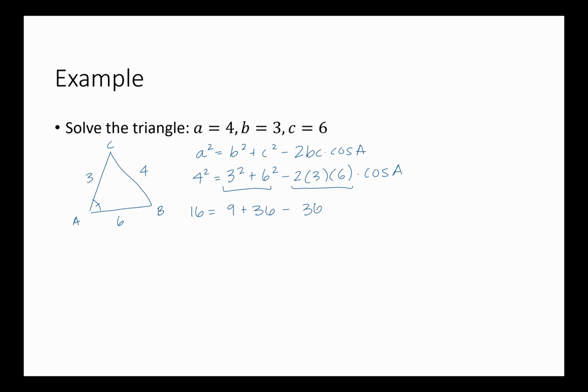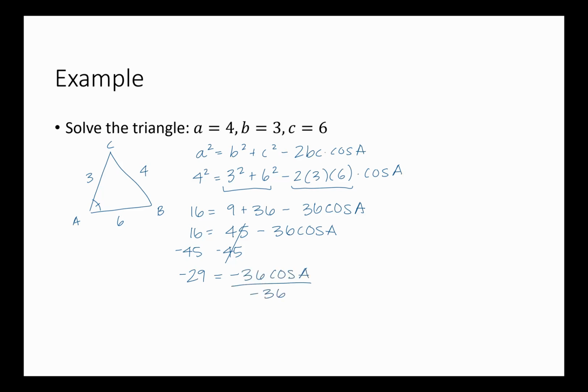That would be 36 cosine of A. These I can then add together to make it 45 minus 36 cosine of A. Be careful that you do not subtract here because that's not true. That's not what we're doing. We're going to subtract 45 to the other side because remember there's multiplication happening here. So I would get negative 29 equals negative 36 cosine of A.